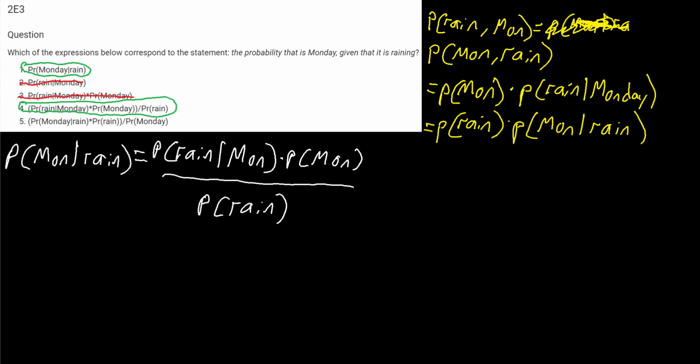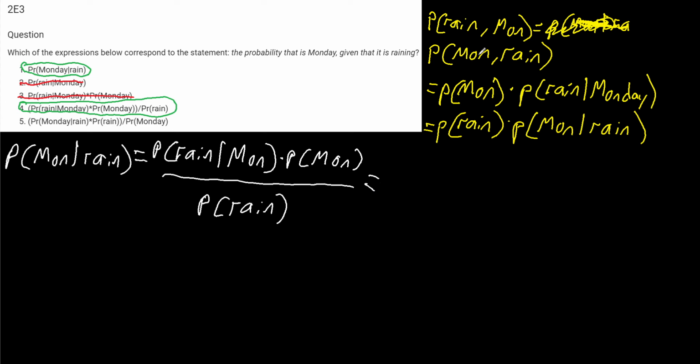This is just a statement of Bayes' theorem, but now just to continue drawing some parallels here, what do we see in the numerator? Well, the numerator is a joint probability. It's the probability of rain and Monday. And so altogether, this is the probability of rain and Monday, given that it is raining.